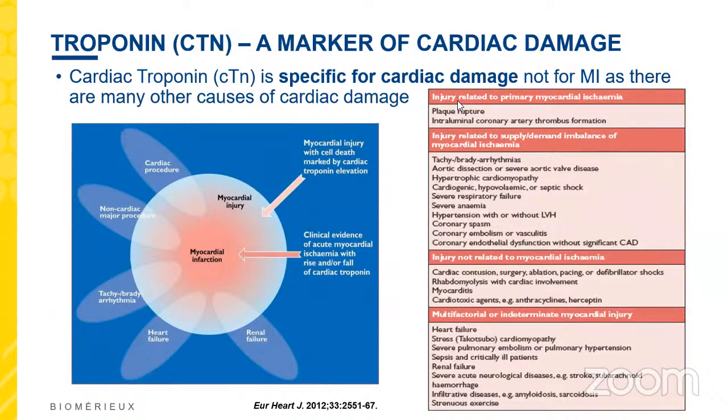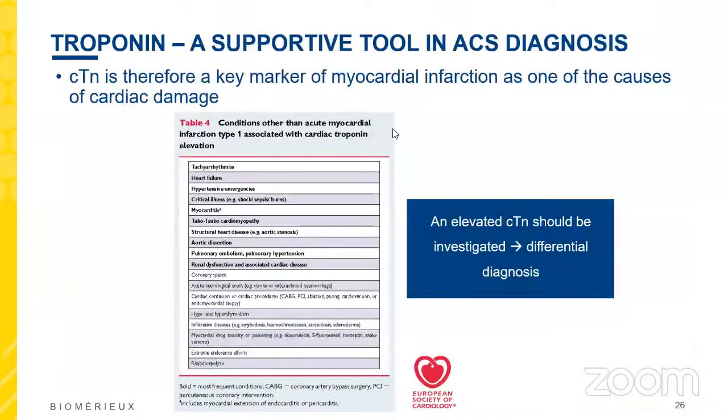And the challenge then is there are many other conditions that can elevate your troponin, and the list is quite long over here. We won't go into that list. So you must use it as a supportive tool, okay? And you combine it, of course, with all the other clinical features, the ECG, and then you use it to make a decision, all right? Again, it's supportive.